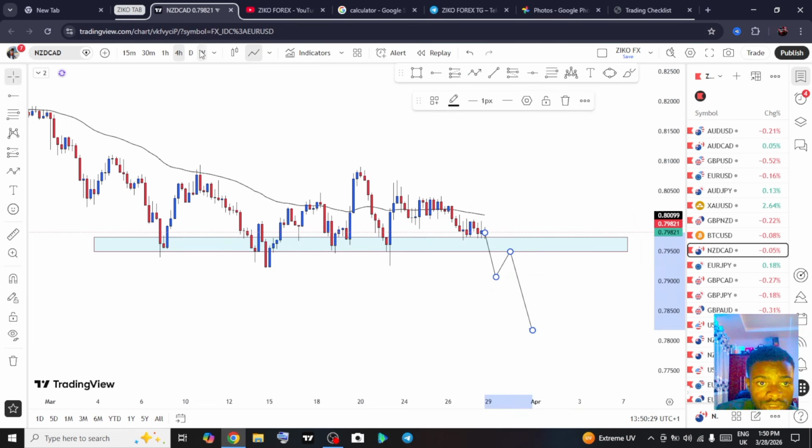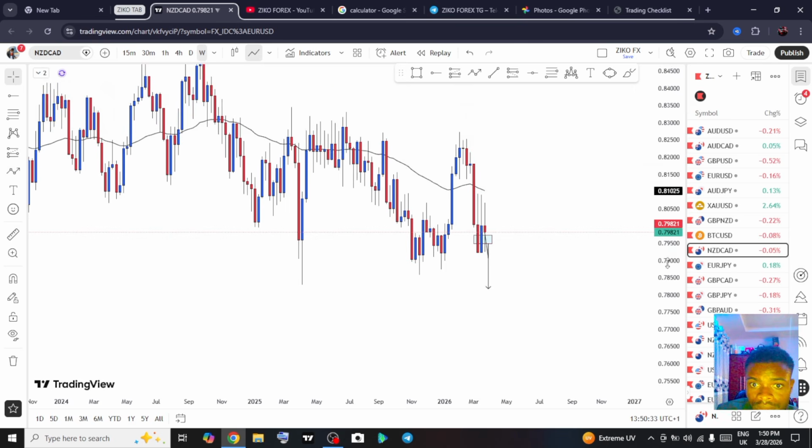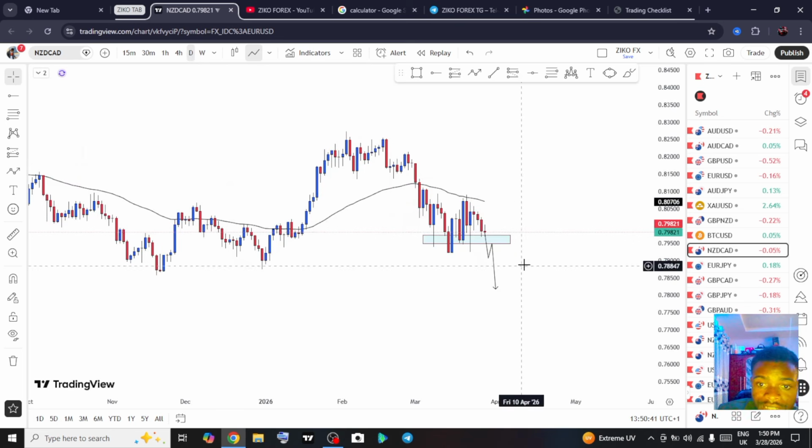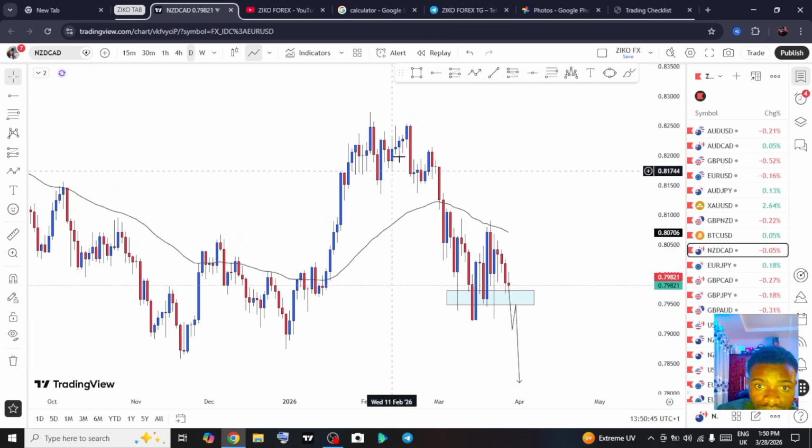So let me analyze this market and see. So first of all, what time frame is this? Weekly time frame is, well, still bullish. We never really broke below this low. Daily time frame is, well, technically bullish, right?